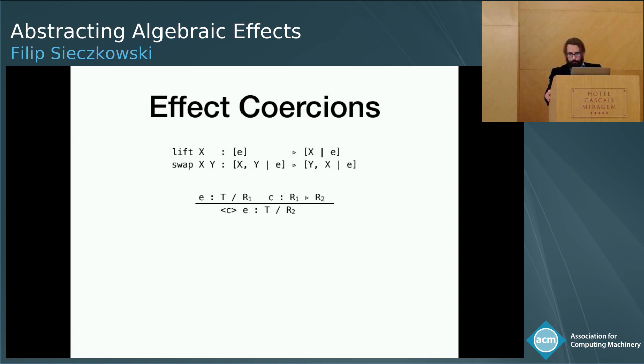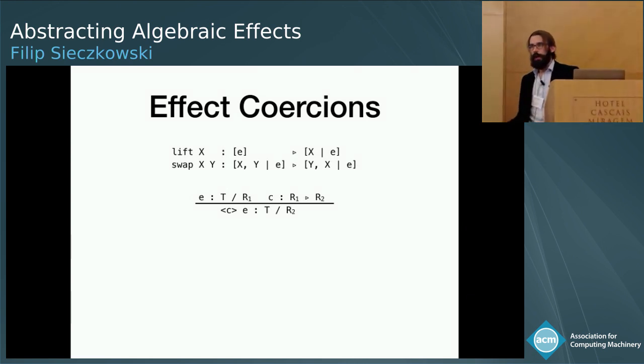So what we did then was we used this lift to allow us to reason parametrically in a language with algebraic effects. And in this paper, we moved from simply having a lift operation to having a whole language of effect coercions that allow us to rearrange rows in ways that would be otherwise not allowed.